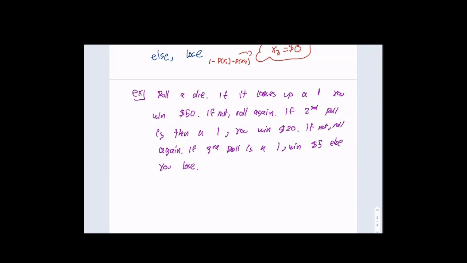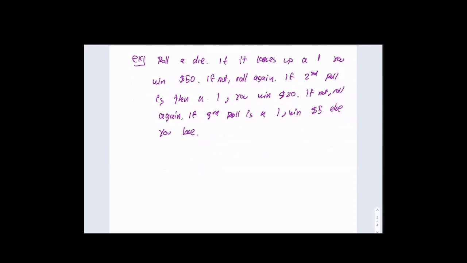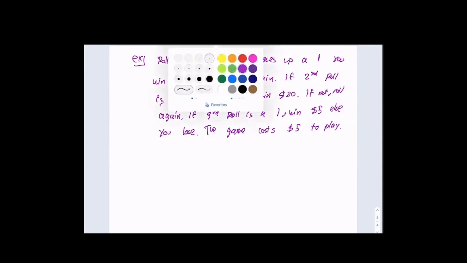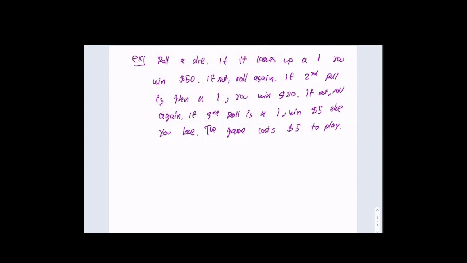So let's say the game costs $5 to play. You can roll the die and win $50. That sounds great, but is this a good game? This problem is slightly different than question 4, but it's also very similar to question 6, because it costs money to play. So I'm kind of combining the two.